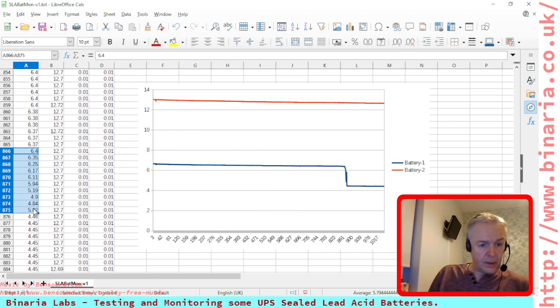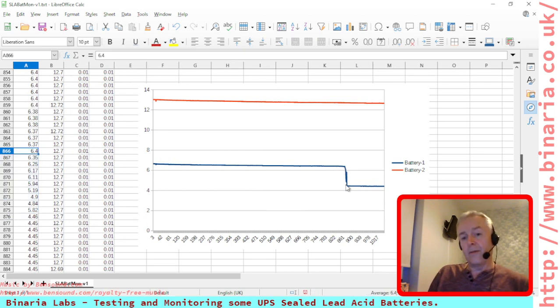We are talking 10 rows, 5 minute interval. So we're talking in the space of an hour. It collapsed from 6.5 volts to 4.5 volts. So clearly this battery is knackered, not even good and reliable as a 6 volt battery. So it'll be going to the recycle soon.